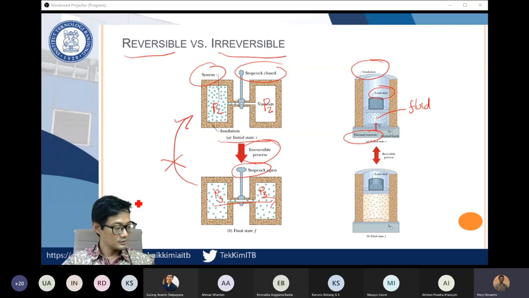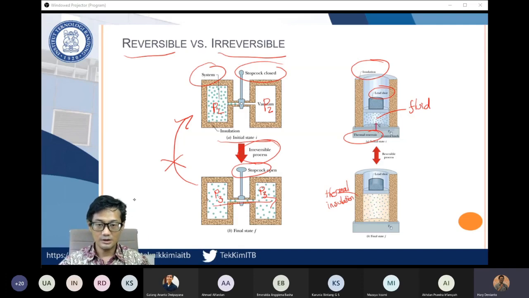Because of this thermal insulation, remember this is similar to the Joule experiment, even though you already turn off the thermal reservoir, it will remain at a certain point.